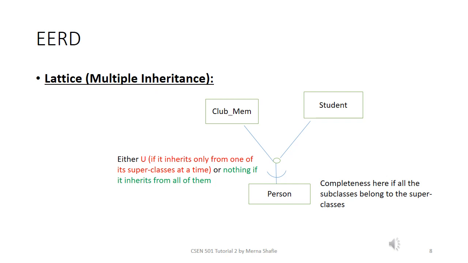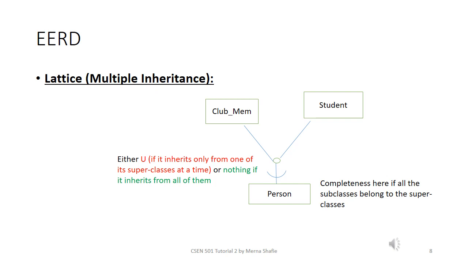If this is not the case, meaning there are club members that are not persons or students that are not persons, then we leave it as one line here from the person to the circle. Here the completeness is placed towards the subclass, not towards the superclass. We ask ourselves whether all these superclasses' types are this person, or are there other things? If they all belong completely to this person, we put two lines.